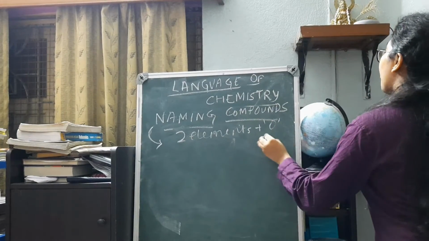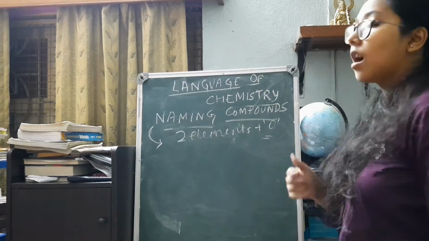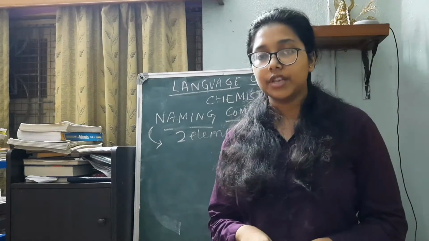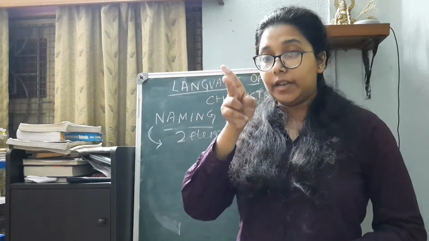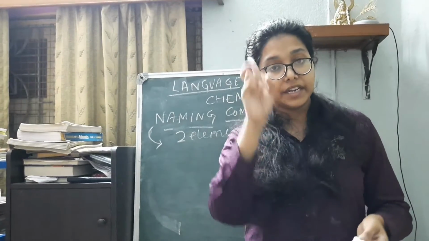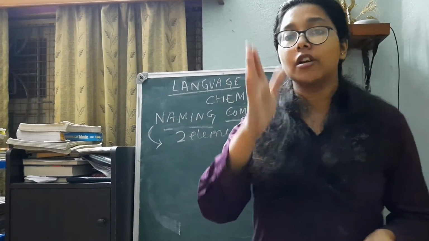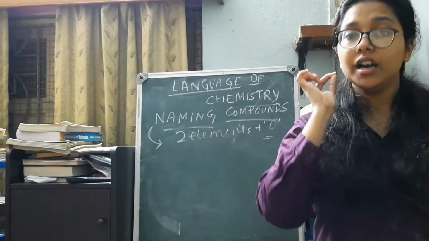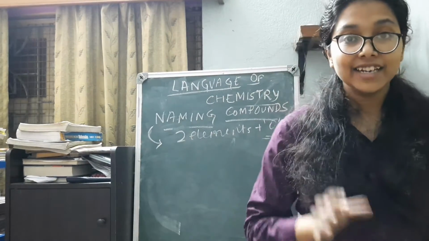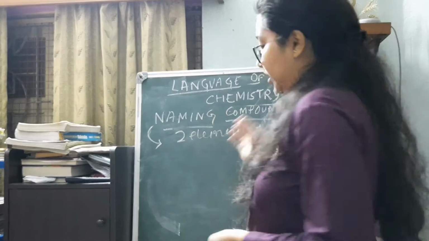So the most important criterion is how many oxygens are present with these two elements. Now the number of oxygen atoms will make a difference. Let us see that through our examples.